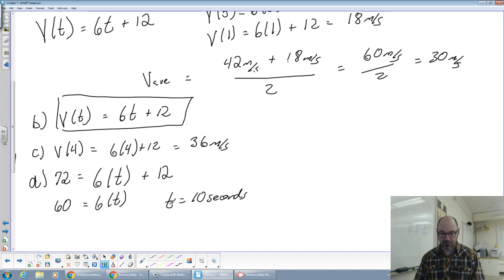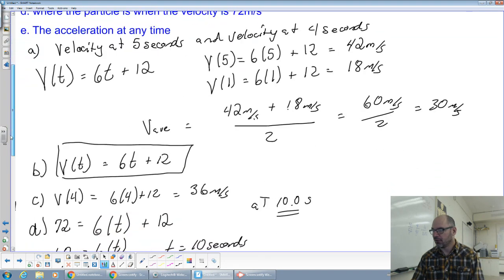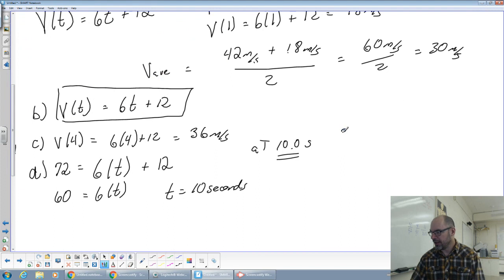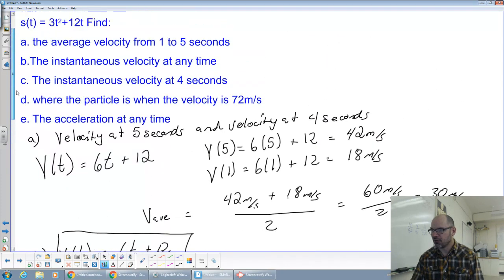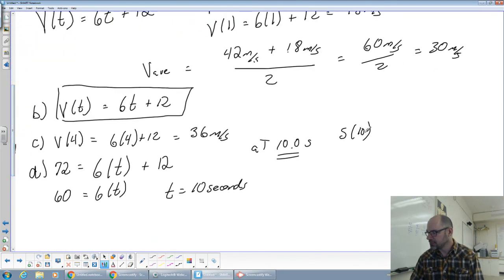So that means it's at 10 seconds. Okay, and then where the particle would be at 10 seconds, it would be s at 10. That would be its position at 10 seconds. So that would be 3t squared plus 12t.